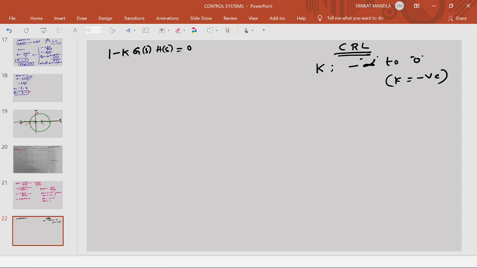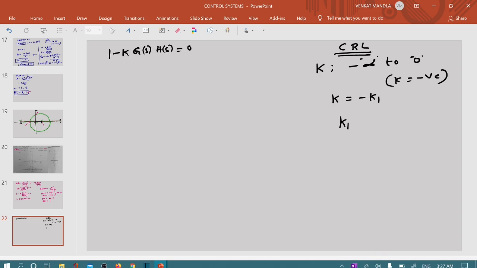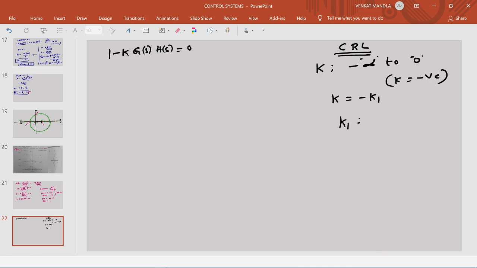So what I will do is I will take some k equal to minus k1. If k is varied from minus infinity to 0, then what happens to k1? Minus infinity becomes plus infinity, and 0 anyway, plus 0 minus 0 both are same. So k1 is varied from plus infinity to 0.